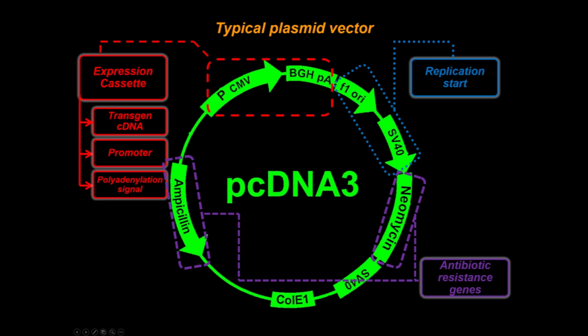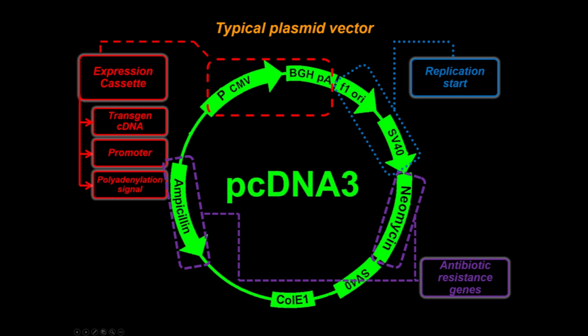In the present slide, we can see a diagram of a typical expression plasmid vector. The expression cassette comprises a promoter binding transcription factors and RNA polymerase, a transgene, and a polyadenylation signal. ORI sequences ensure replication in bacteria, F1 ORI, and in eukaryotic cells, SV40 ORI.